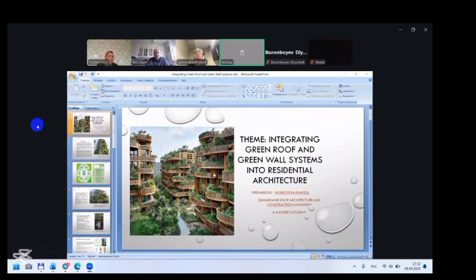Green roof and green wall systems are among the most innovative ecological technologies used in modern architecture. They are innovative technologies that help improve building performance, reduce energy use, and create green space in urban areas.